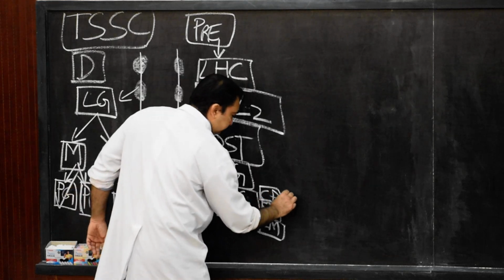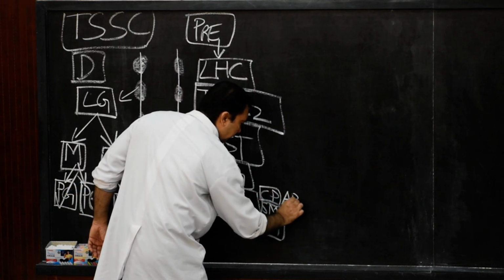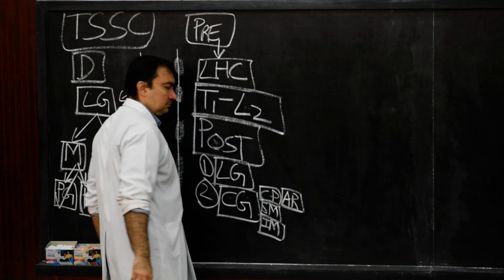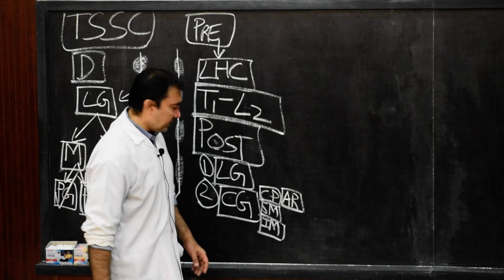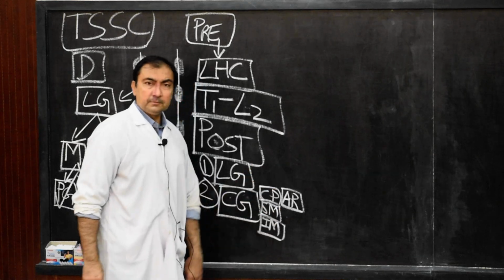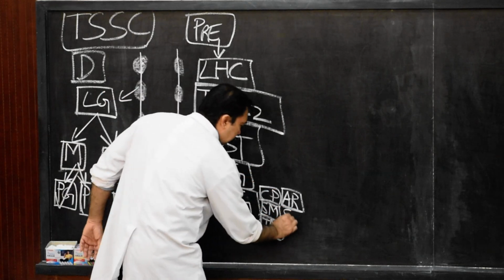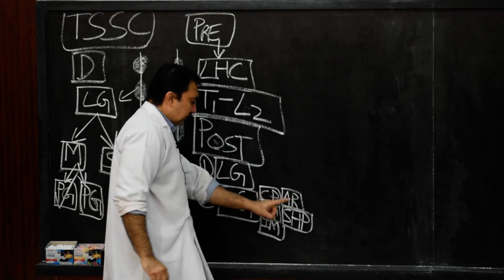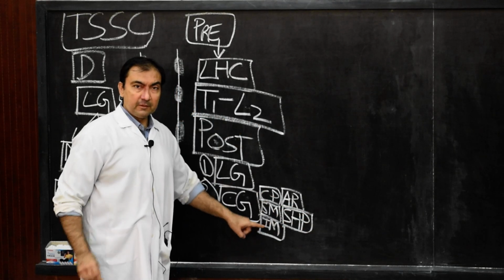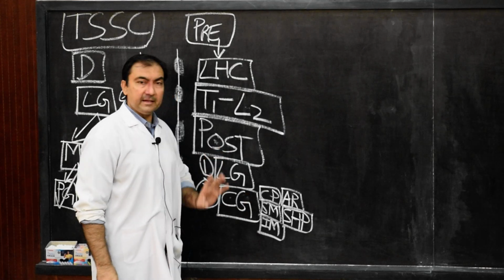Also the aortico-renal plexus, and also the superior hypogastric plexus. So these are the plexuses which are known as collateral ganglia.